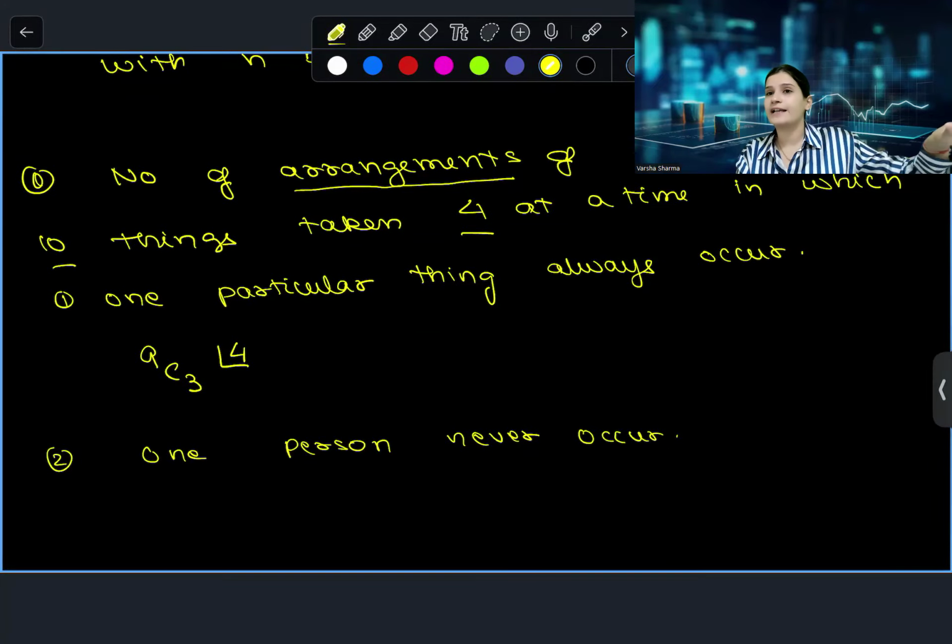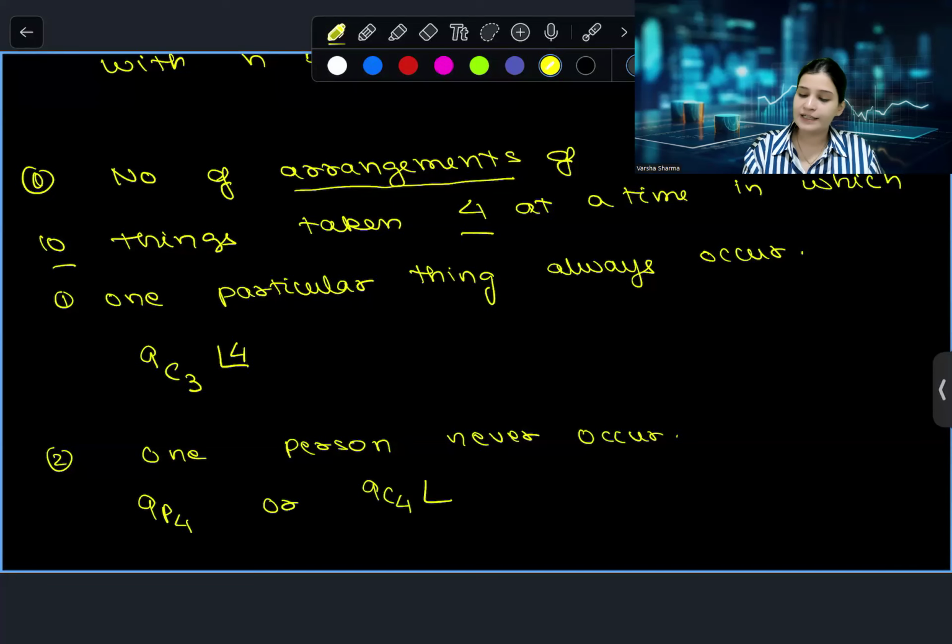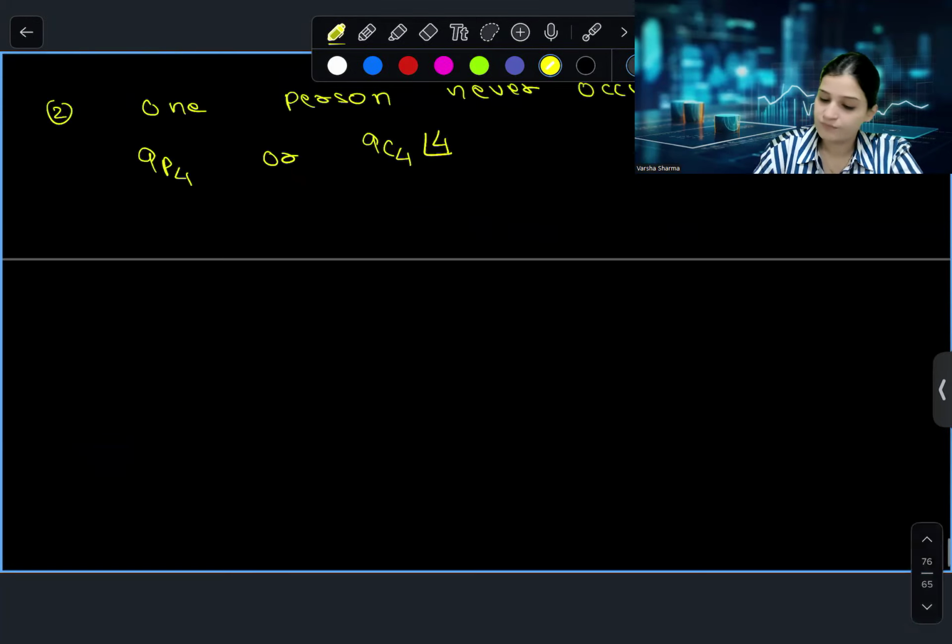So I don't have a total of 10, I have a total of 9. And now I have 4 of them. So you can select together and arrange also, or you can directly do the selection first and then arrange, any which way. So you can write 9P4 also, or selecting the 4 people and then arranging them. Both of them are correct. Clear? Yes, ma'am.